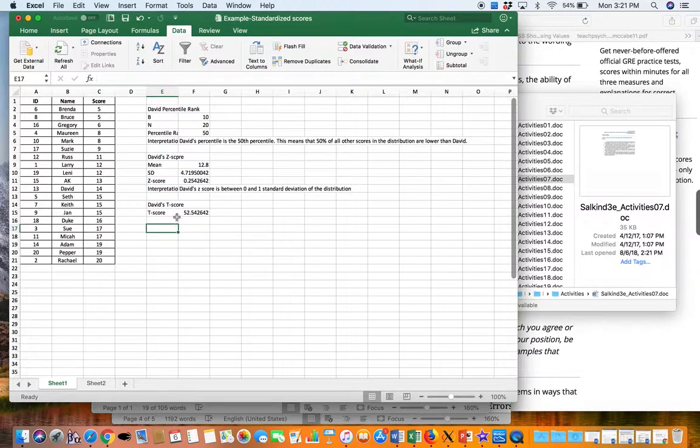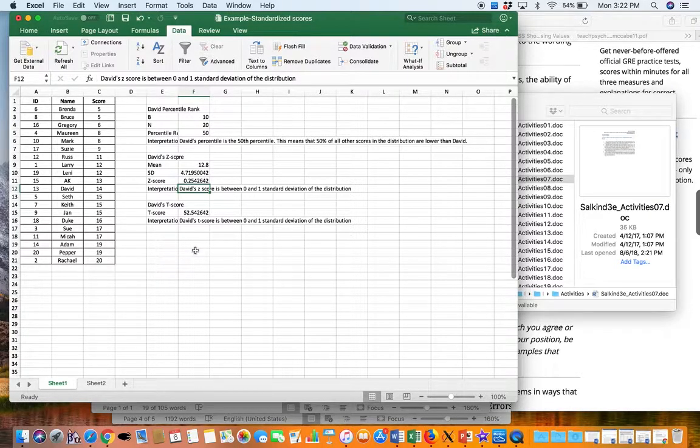So interpretation, David's t-score is between 0 and 1 standard deviation of the distribution. Same information, just different ways of describing the data over here.